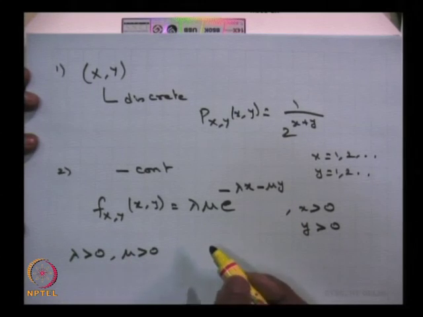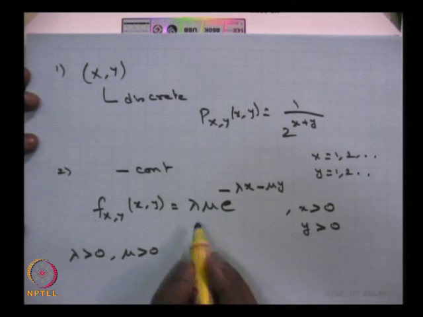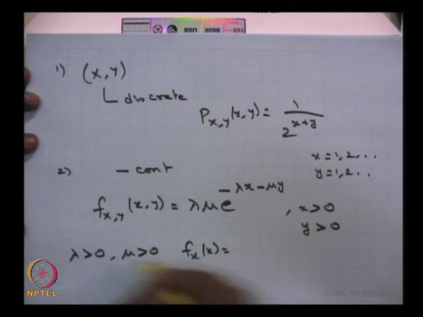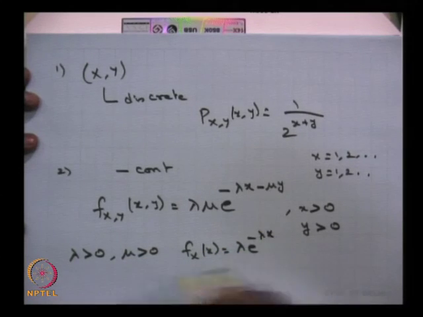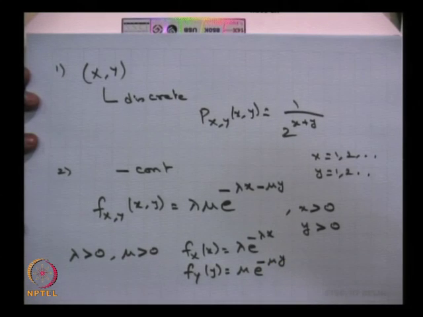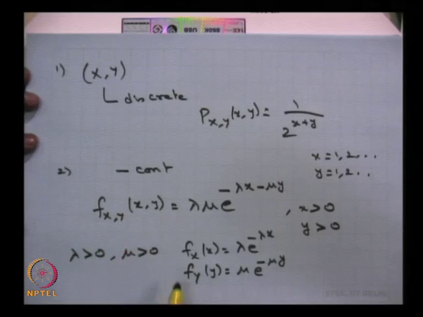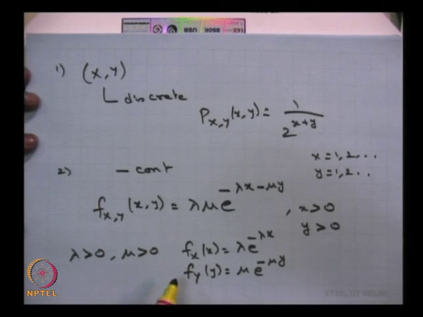And you can verify the other property: if you find the marginal distribution of x, you will land up with lambda times e power minus lambda x, and similarly the marginal distribution of y will be mu times e power minus mu y. If you cross check that the product is the joint probability density function, then you can conclude both the random variables are independent random variables.